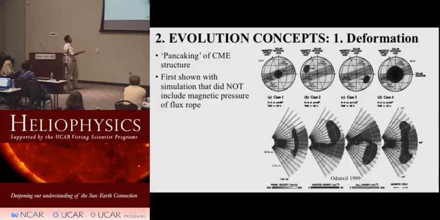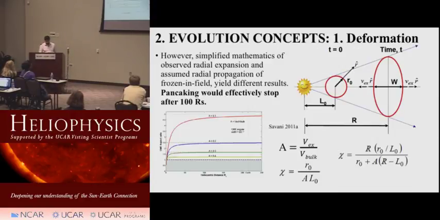So in this case, the CME has gone very fast in the solar wind, but there's a certain element of it that's being trapped in the slow solar wind and gets trailed back, and you get these strange objects. Sorry. So quickly just going back one step, the idea of pancaking.